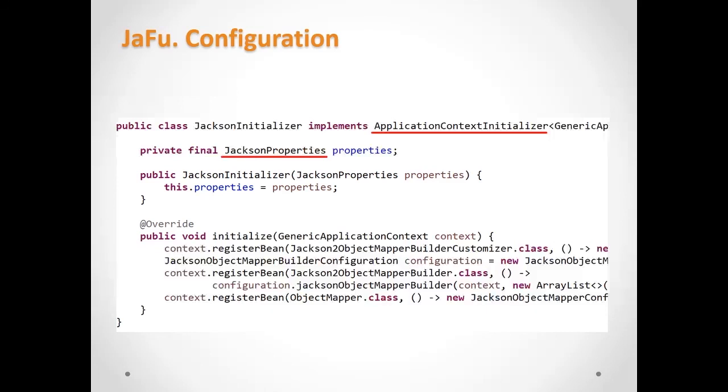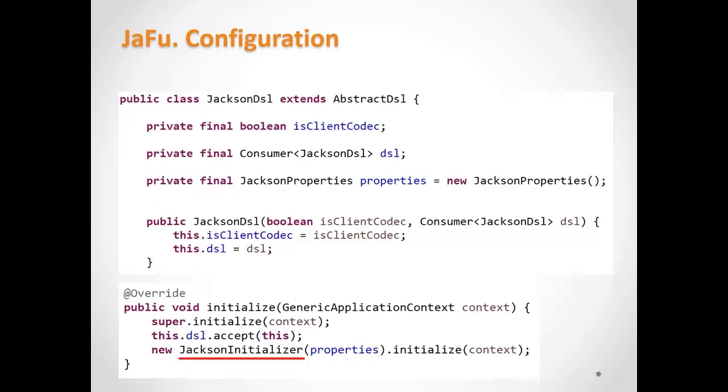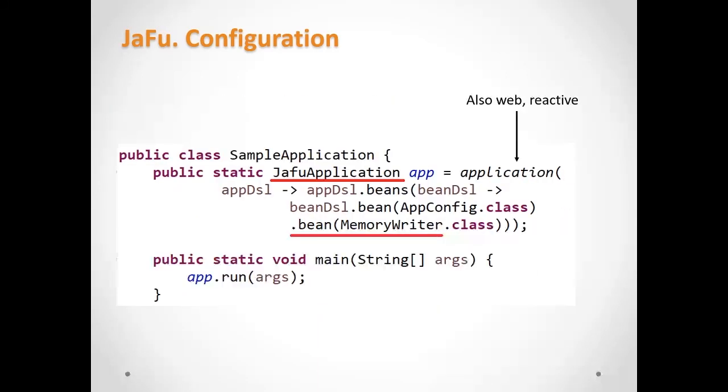You just need to supply all the beans and their instantiation logic. Or, for example, how properties are initialized. And this is the way we will load our Spring Boot application. So there are no annotations, you just need to supply all your beans in your code. This approach is much simpler, more compact, and more readable.